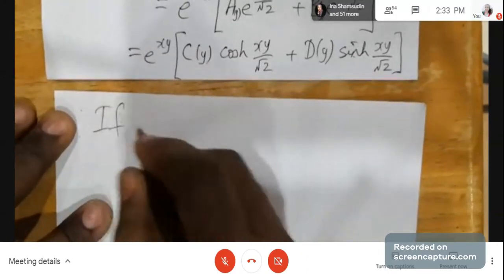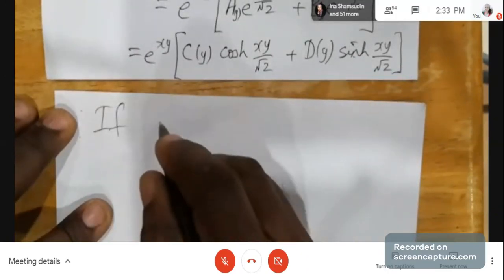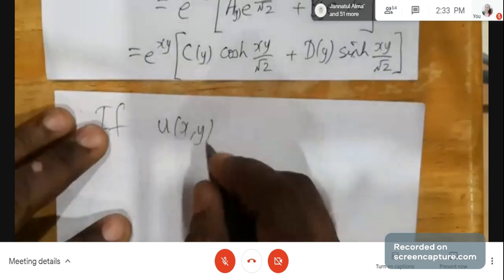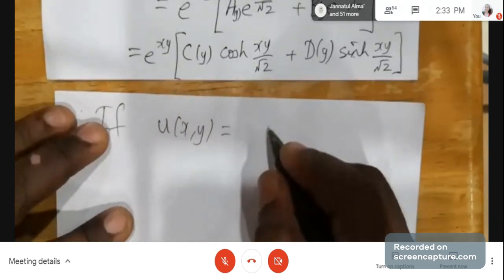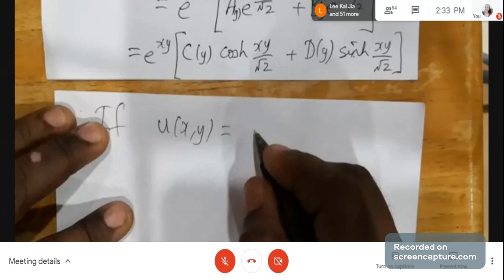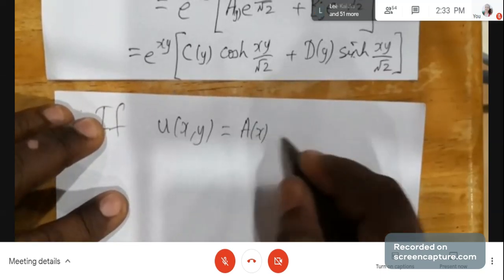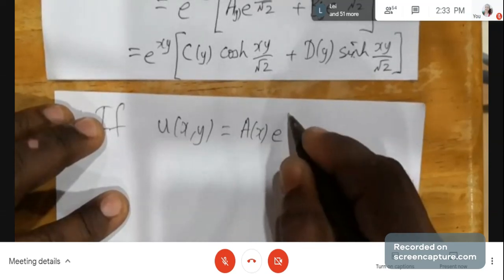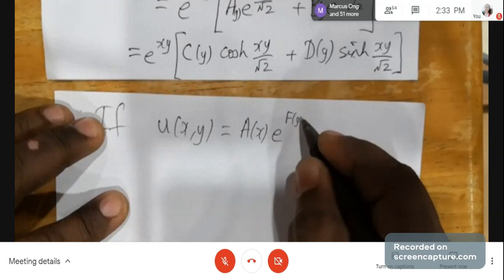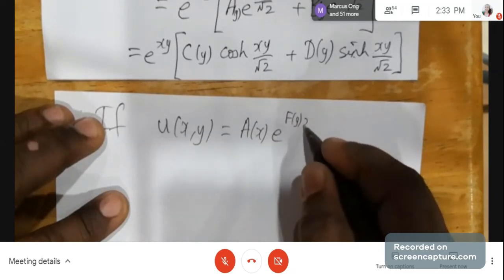If u equals, let's say, A(x) e to the power of f(y)x.